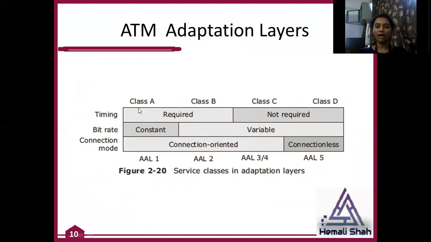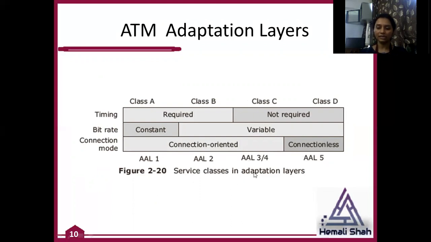For bitrate, class A requires constant bitrate, while class B, C and D require variable bitrate. Class A, B and C require a connection-oriented mechanism, and class D requires a connectionless mechanism.